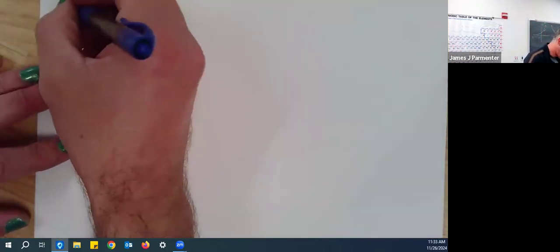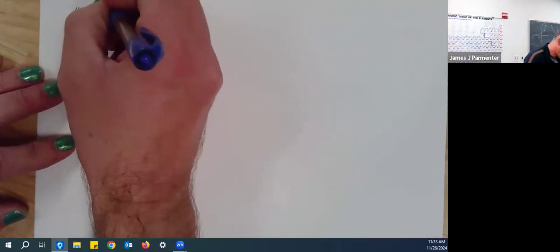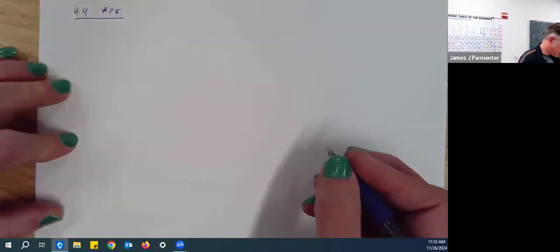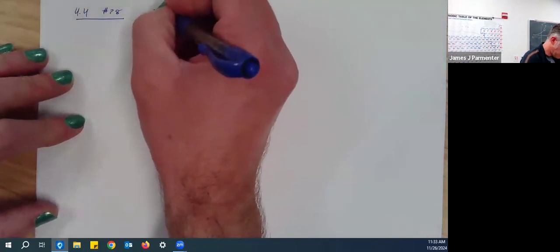All right, yeah, let's look at this one, even though it's a little bit weird. This is problem number 28 from section 4.4. Here's the setup. I'll try to write this so you can read it.